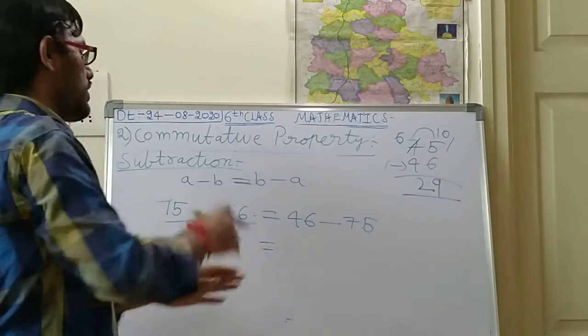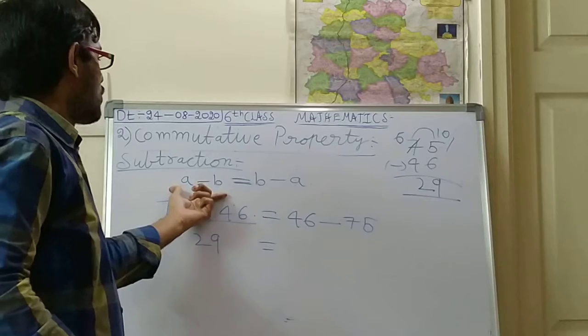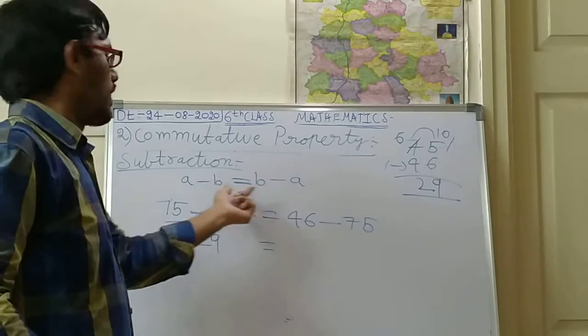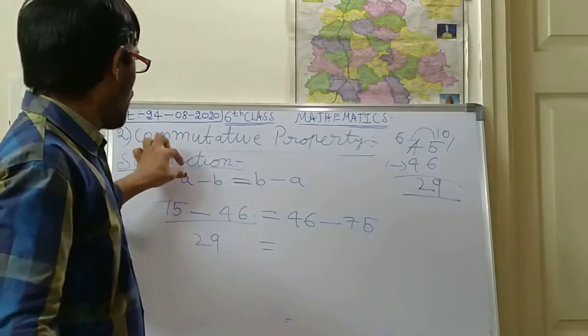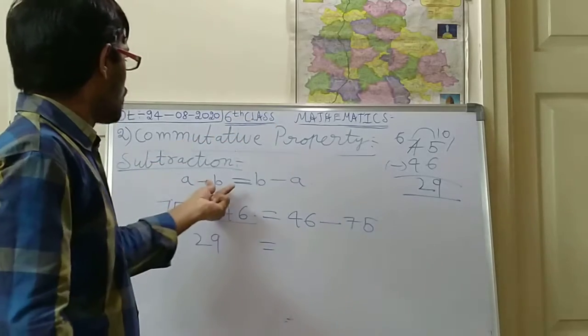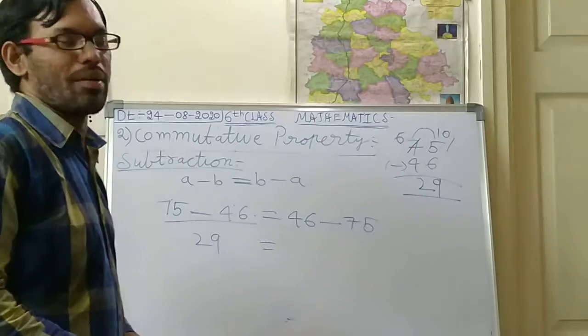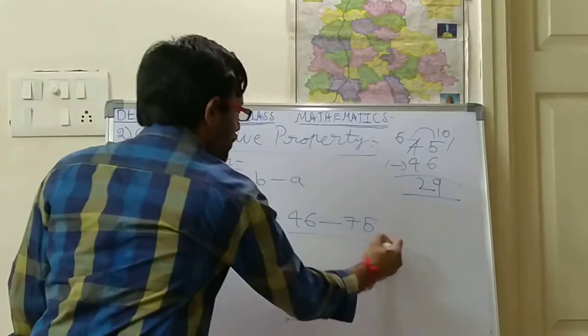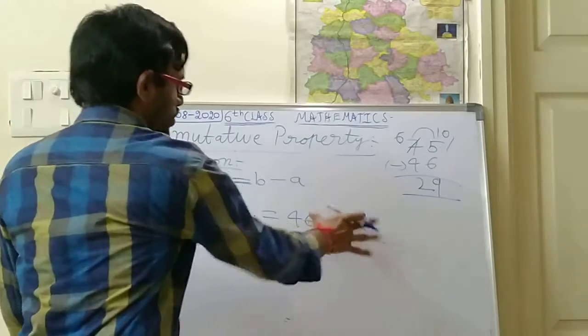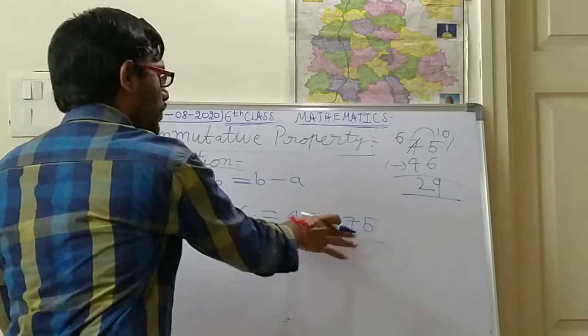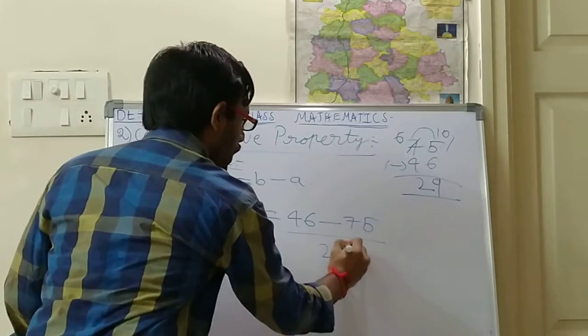I have changed the A value and B value, and you subtract with the same values. First do it generally: 75 minus 46, you will get 29 only.